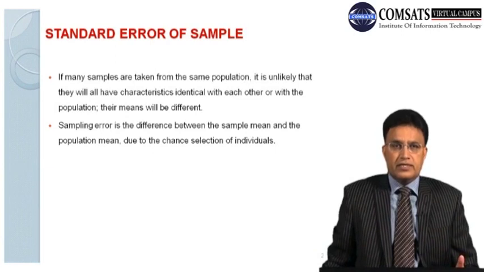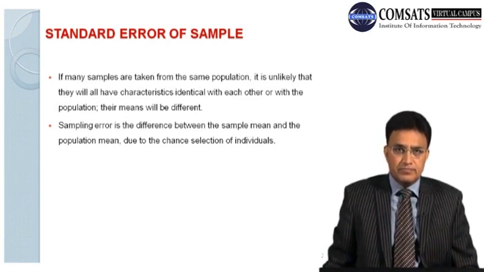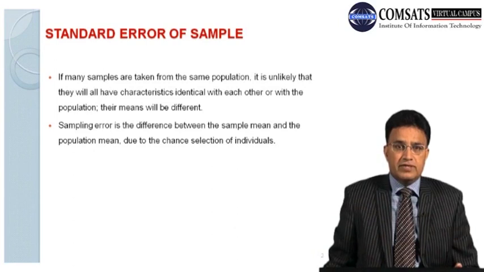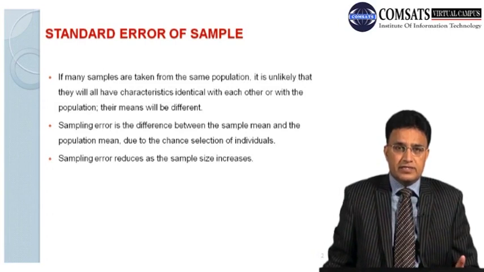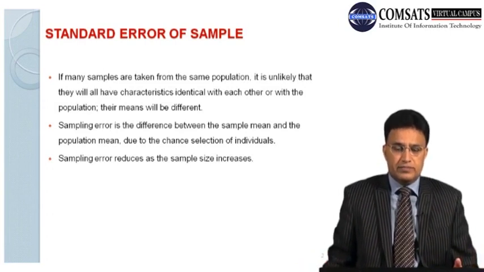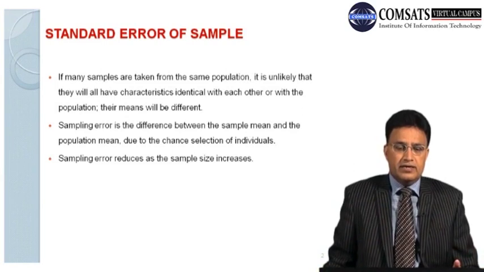What is sampling error? The sampling error is the difference between the sample mean and the population mean due to the chance selection of individuals. Sampling error reduces as the sample size increases. If you have a bigger sample size, then the error of sampling will be minimized.